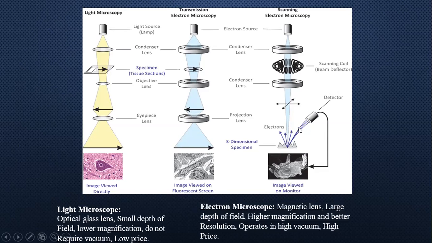Whereas if the electrons are backscattered and produce secondary and backscattered electrons, and we detect those, it is generally scanning electron microscopy. So that is the basic difference between transmission electron microscopy and scanning electron microscopy. Electron microscopy uses magnetic lenses, and offers large depth of field, higher magnification and better resolution. It also operates under high vacuum.